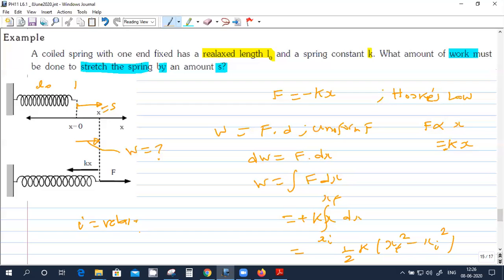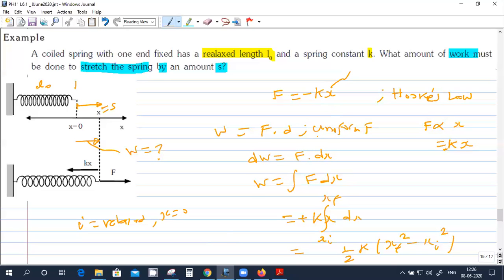The relaxed condition corresponds to x equal to 0, because x is the stretching from the relaxed position. Only if I take x equal to 0 as the relaxed condition is the force kx, where x is the extension from the relaxed position.